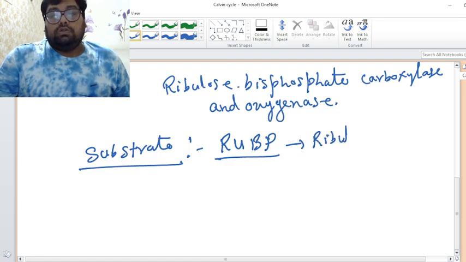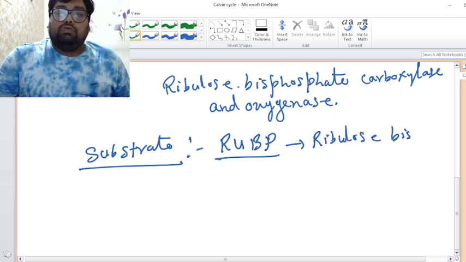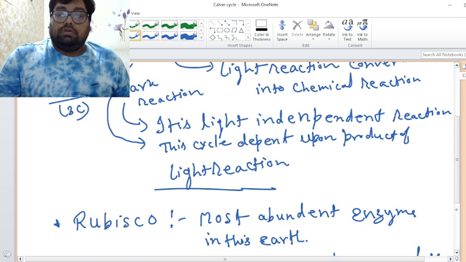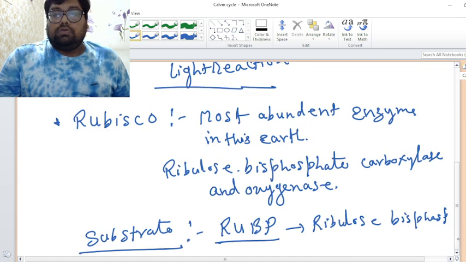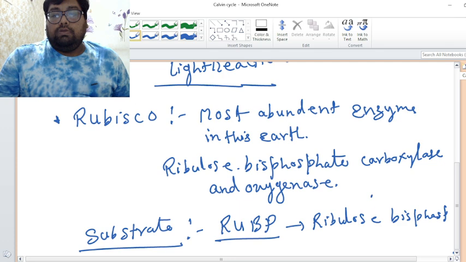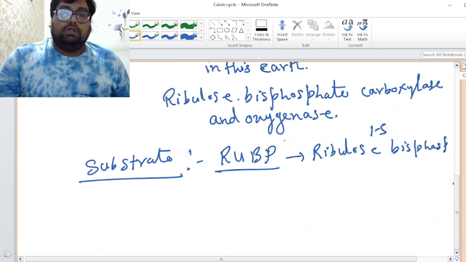Ribulose 1,5 bisphosphate is the substrate.